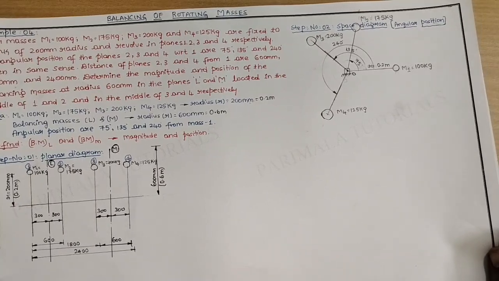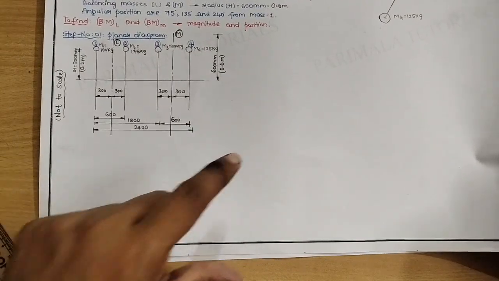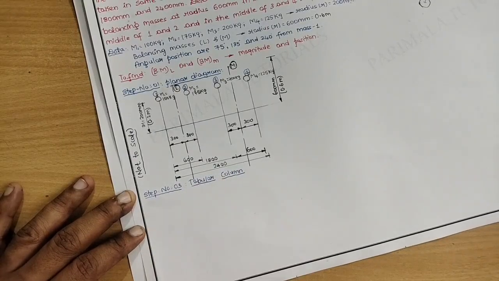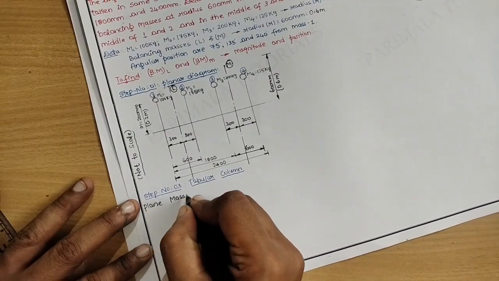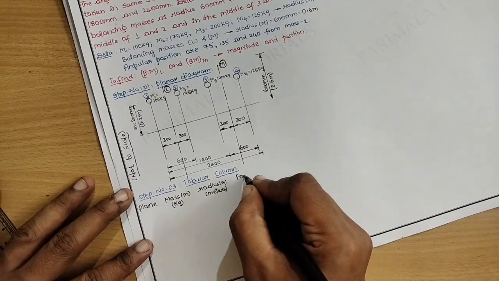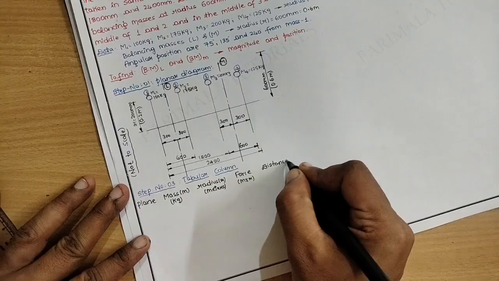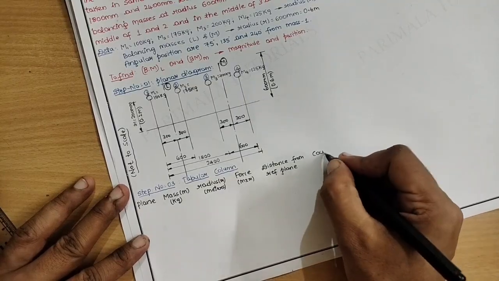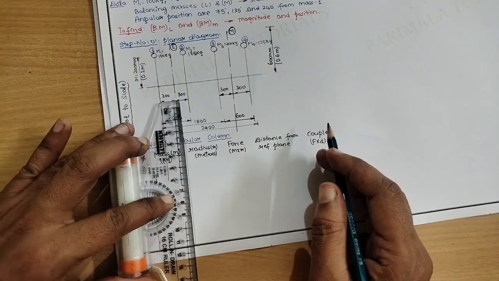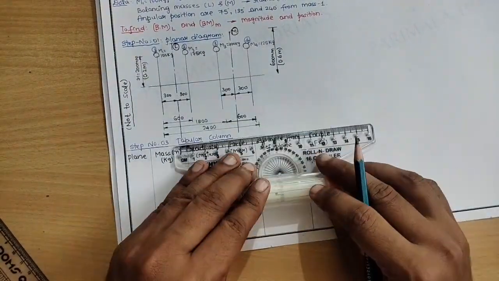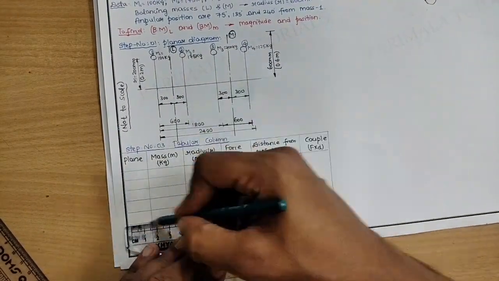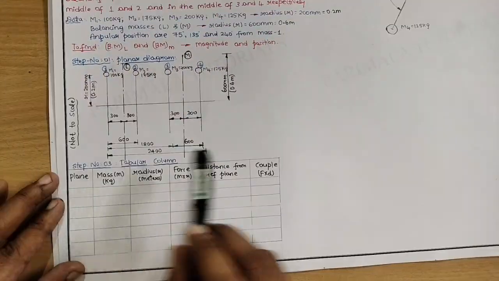With this, let us go for the tabular column. Step number 3. What are the contents of the tabular column?